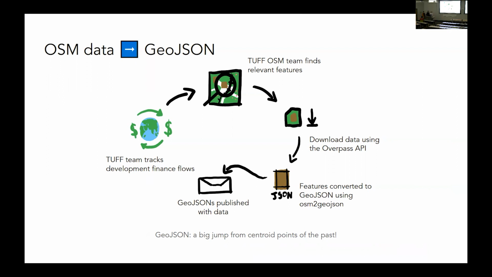You all know all these different tags, of course, that can be really important to these different localities. And then once we have that all tabulated, we download those features using the Overpass API. And we use a tool called OSM to GeoJSON to export individual GeoJSON files per project. That lets our data consumers decide how much data they want to work with. They can quickly visualize the extent and scope of each of these projects, or look at them en masse and see patterns across a large area.